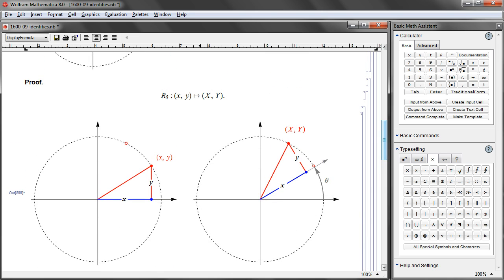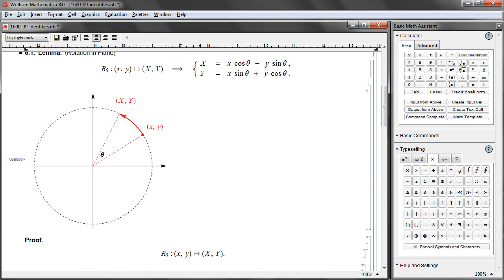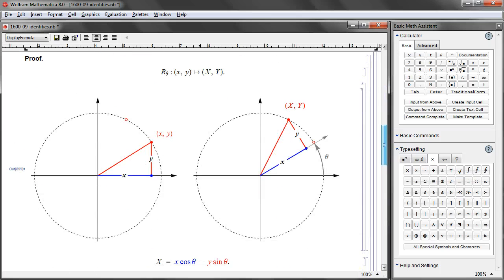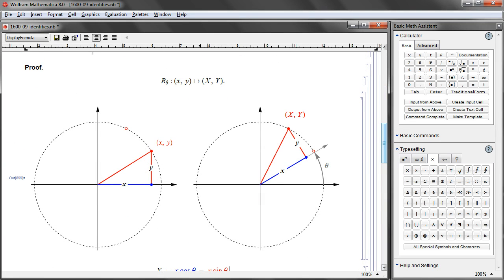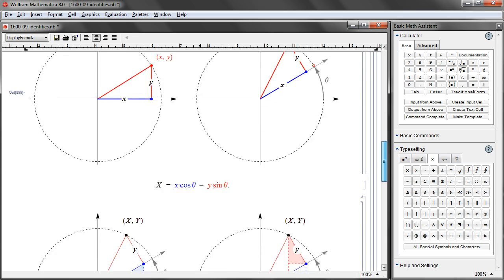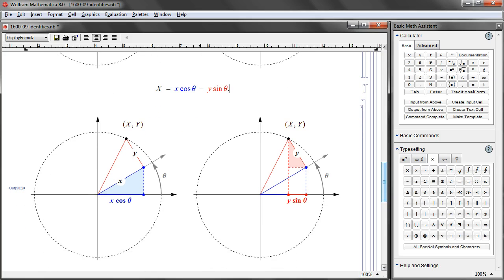We are looking for capital X comma capital Y, and we rewrite those using the intermediate blue point, using a couple of right angle trigonometry facts to figure out the blue point and the relationship between blue and the ultimate point. We get capital X equals x cosine of theta minus y sine of theta.